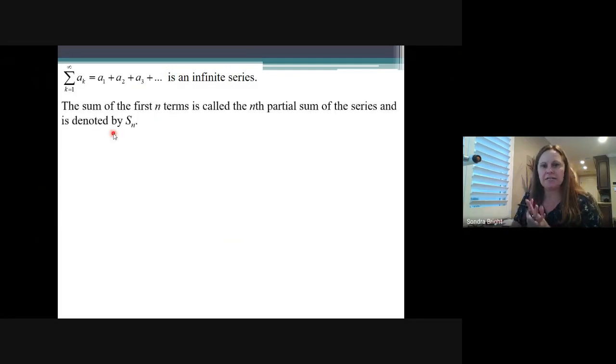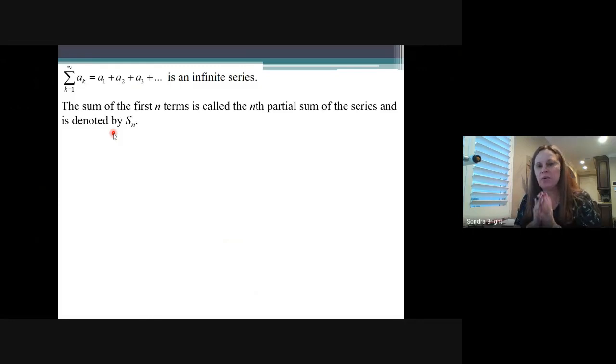So there are some infinite series that we can actually find the sum of. You'll find that out later. But if we can't find the sum of the whole infinite series because the terms just keep getting larger and larger, we can still find a partial sum, is what it's called.